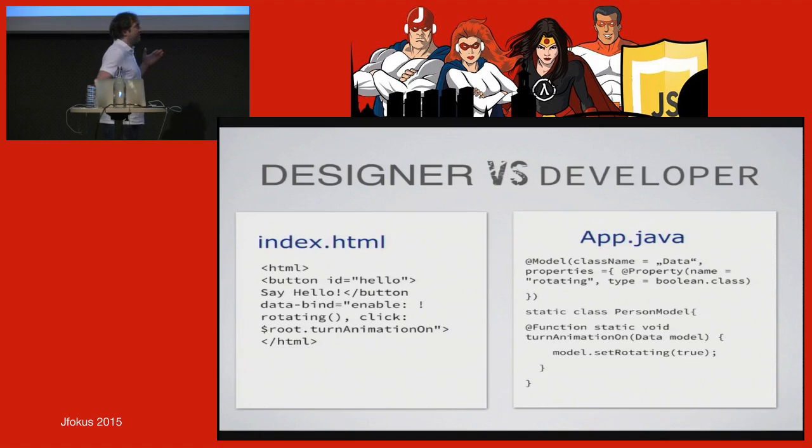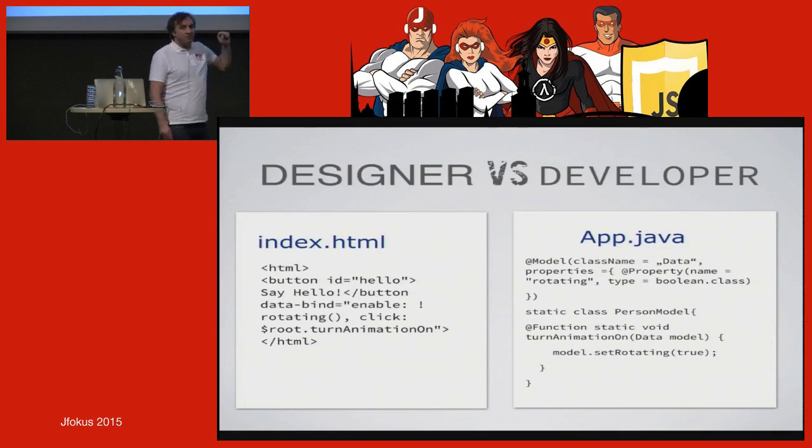So this is how the most important files in an application look. On the one side we've got the HTML, on the other side we've got the Java class. We wanted to have APIs that are really easy to use and require not much boilerplate code. What you can see here is a Java class, person model, and this model is annotated with this model annotation.